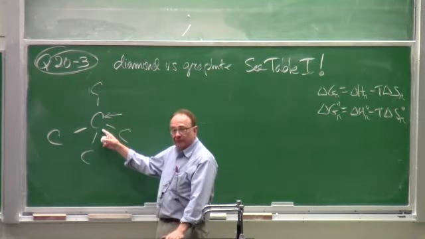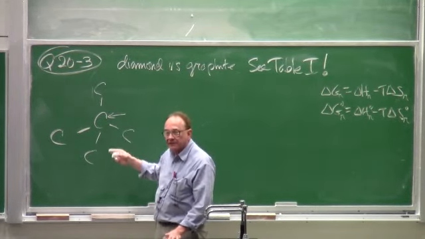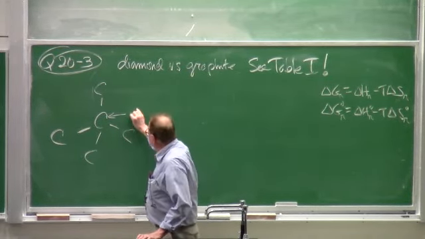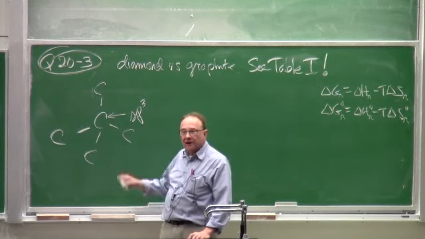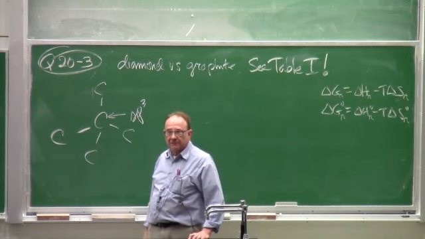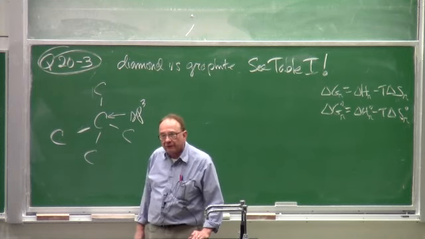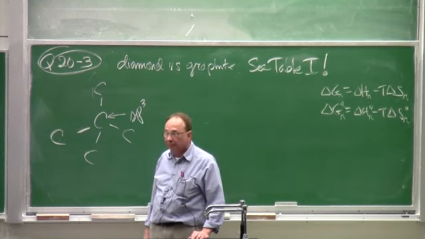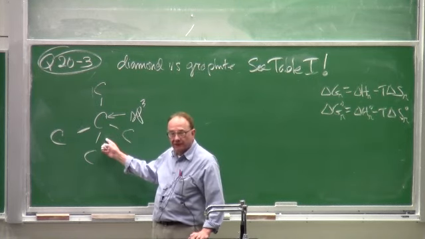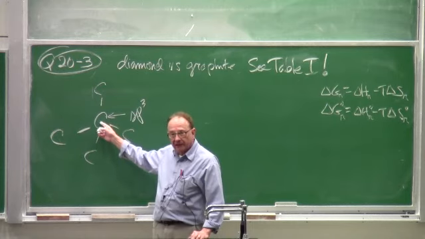Tetrahedral. How's this carbon hybridized? How's every carbon atom hybridized in the diamond lattice? sp3. So you recognize that the carbon-carbon covalent bond order in diamond is 1.0. Okay? 4 covalent bonds to every carbon atom.